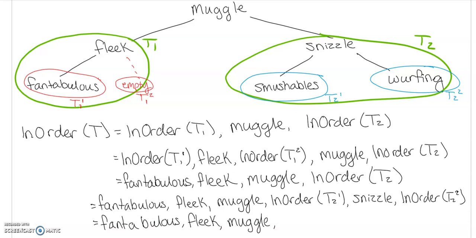Inorder T21 becomes Smushables, then Snizzle comes down, and then inorder T22 would be Wurfing. What this ends up doing is listing them in alphabetical order, and that's how that definition would work on this binary search tree. That's going to be the end of this video, and the end of section 3.5.